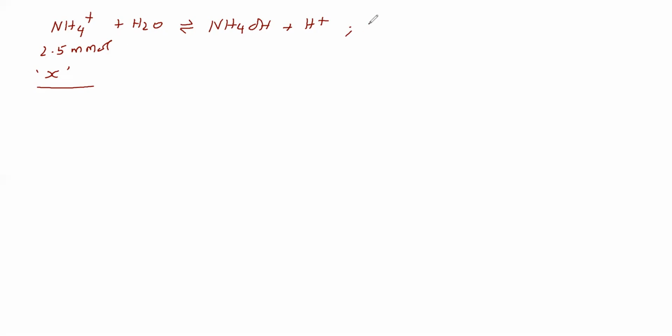Equilibrium constant is Kh, that is equal to Kw by Kb. Kw is 10 power minus 14. Kb for ammonium hydroxide is 1.8 into 10 to the power of minus 5. Therefore, Kh is equal to 10 to the power of minus 9 by 1.8. The equilibrium constant is 10 power minus 9, which is very low.